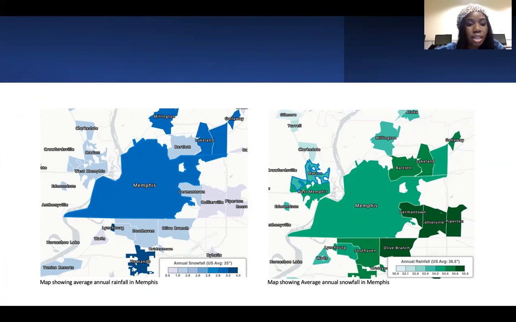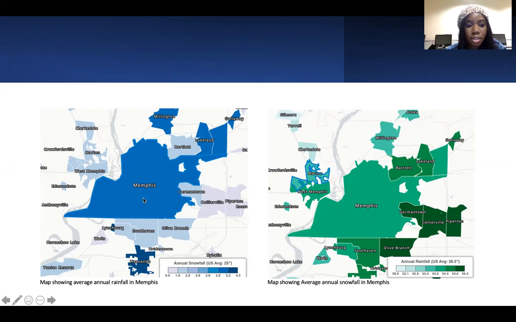The first map right here shows the average snowfall of Memphis, and this one is showing the annual rainfall. Sorry about that. I'll change it in the PowerPoint, and if I've made the same mistake in my paper, I'll change it. Sorry about this.